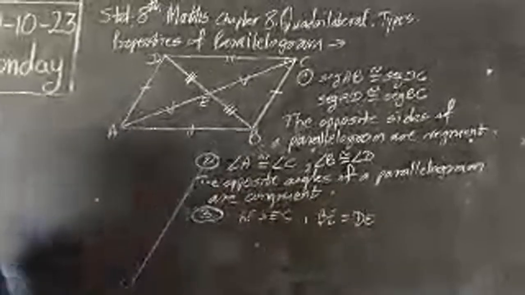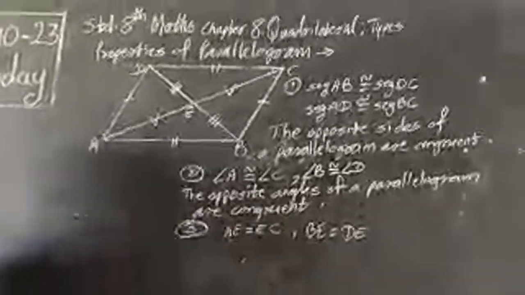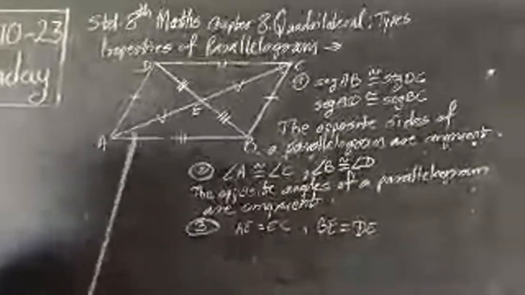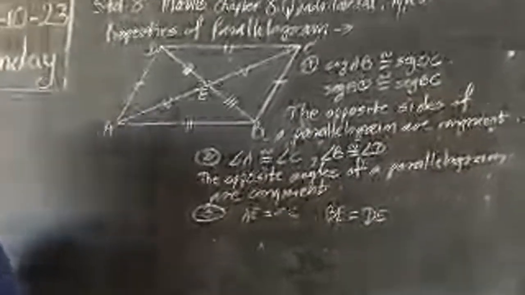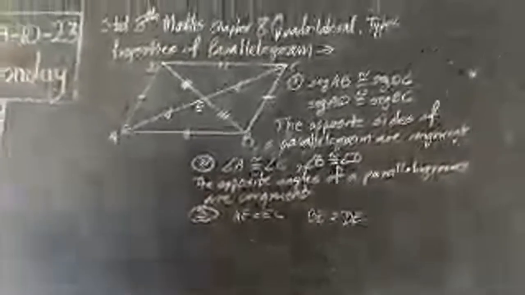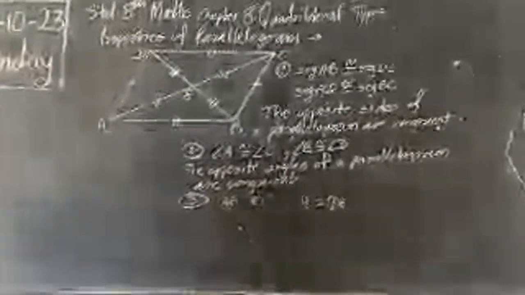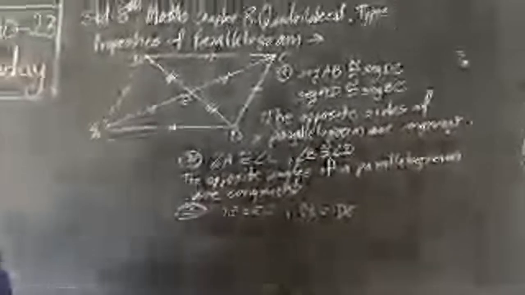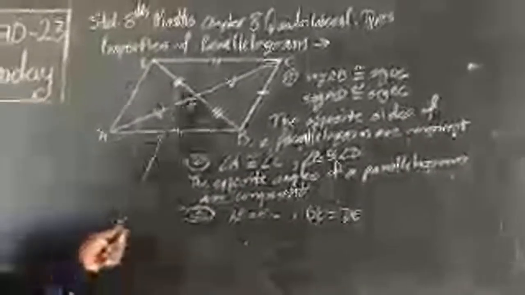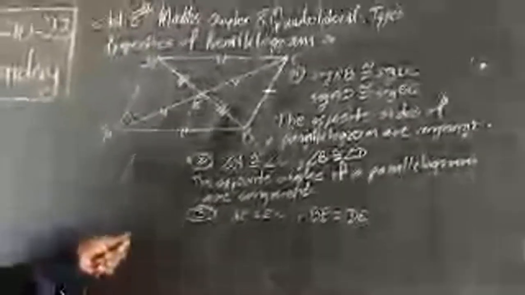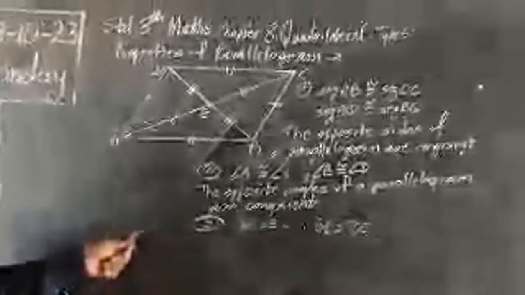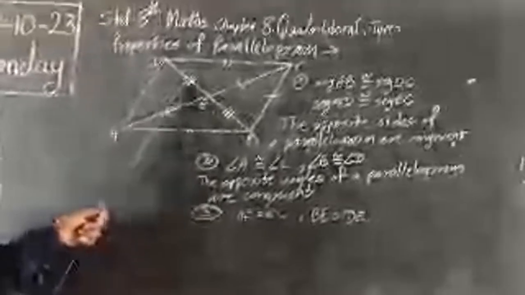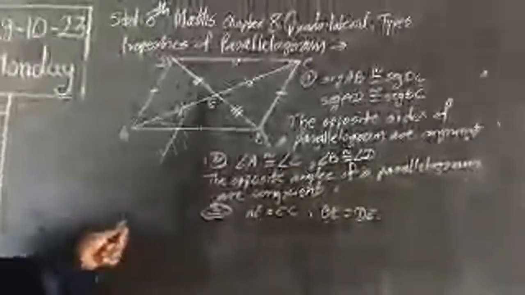We can say shortly, with one specific word: diagonals bisect each other. Bisect means dividing into two similar, equal parts.